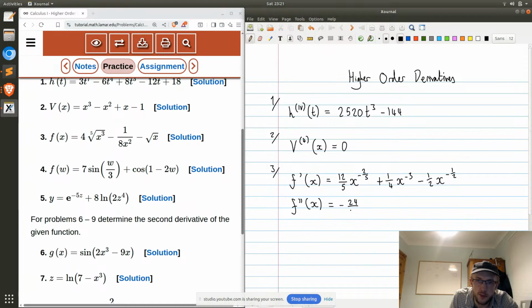Minus 24 over 25 x to the minus 7 over 5, minus 3/4 x to the minus 4, plus a quarter x to the minus 3 over 2.